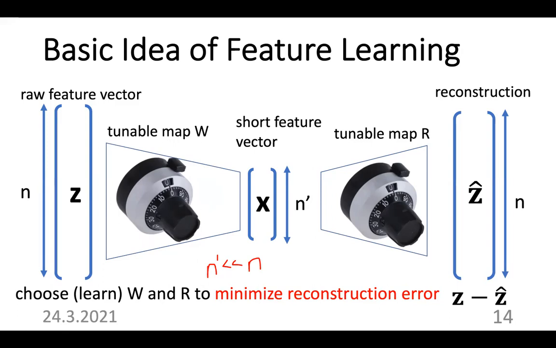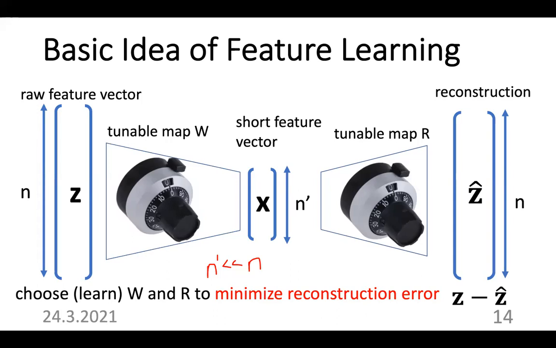So do you know such tunable maps or spaces of tunable maps? A neural network, yes, exactly. An artificial neural network is nothing but a graphical representation of a set of different maps, and each particular map in that set is characterized by certain choices for the weights of this network. So neural networks, but that's already a bit more complicated tunable map.